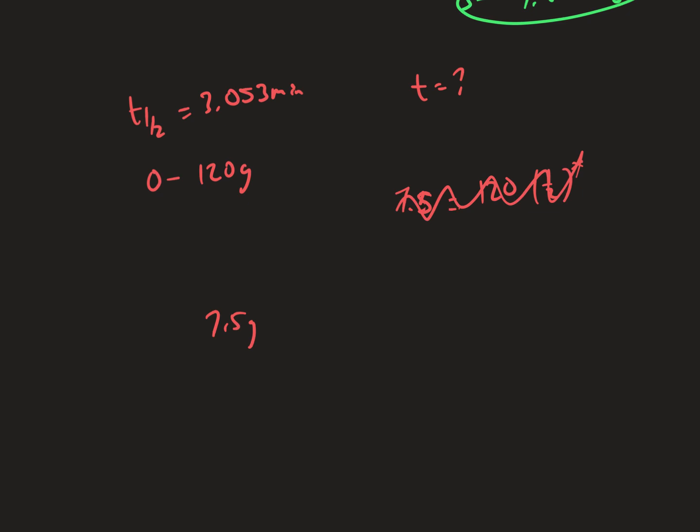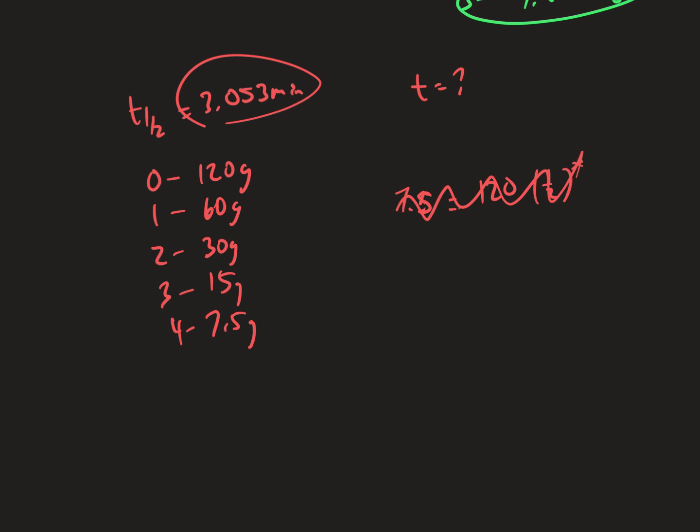So I'm going to just, after 1 half-life, how much do I have left? 60, right? After 2 half-lives, we have 30. After 3 half-lives, we have 15, and after 4 we have 7.5. So 4 half-lives, and each half-life is 3.053 minutes.